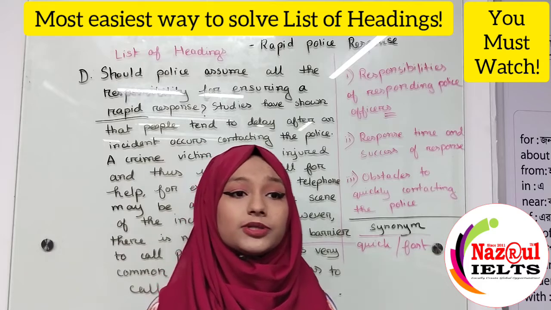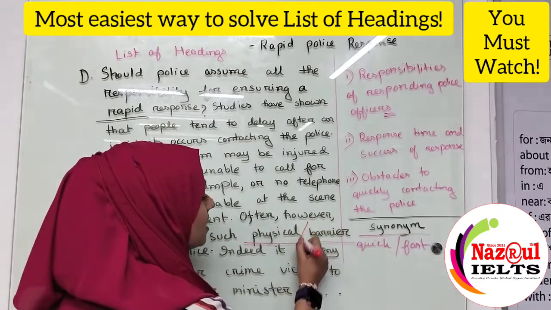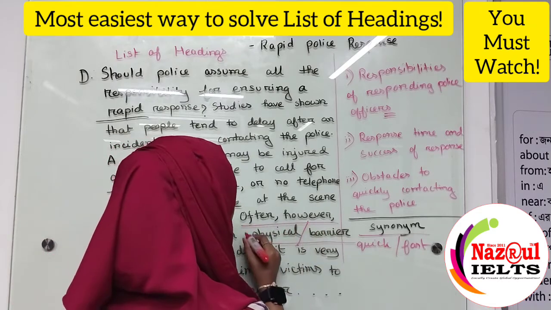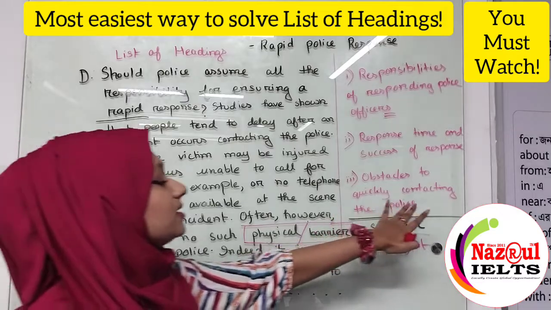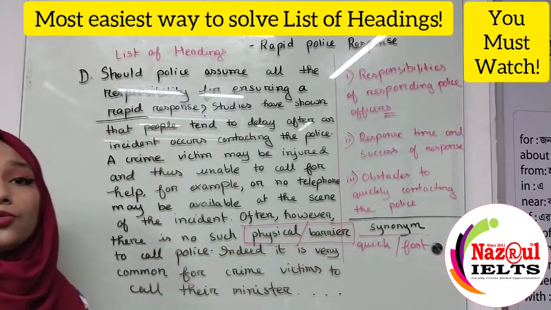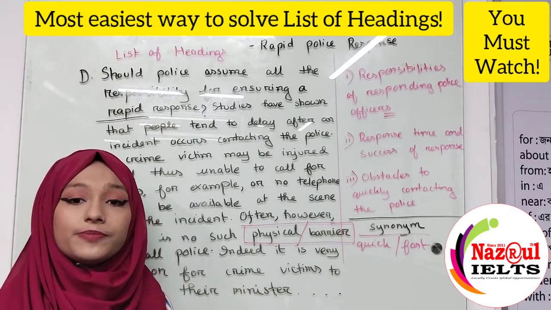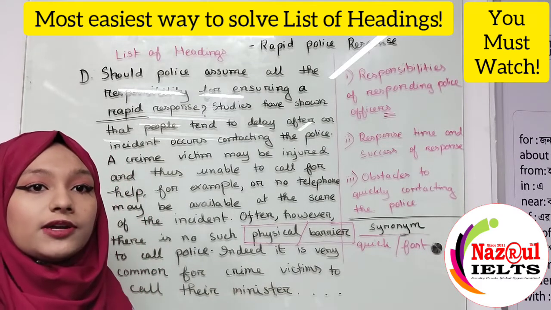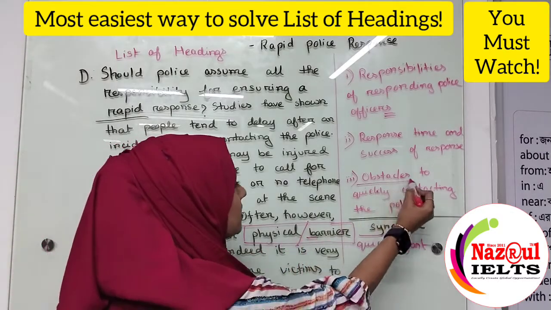Since it's talking about a delay, and we also got some keywords over here. In the third question, it's saying obstacles to quickly contacting the police. What is stopping the victim from calling the police? What is the obstacle? What is the barrier? Very good. So barrier is a synonym for obstacle.